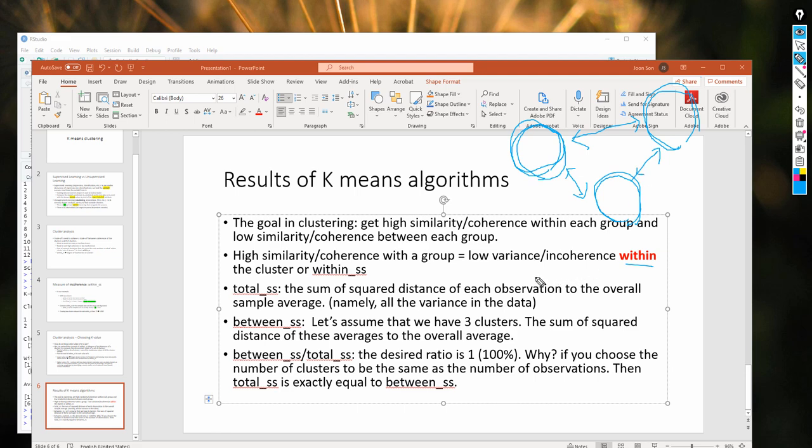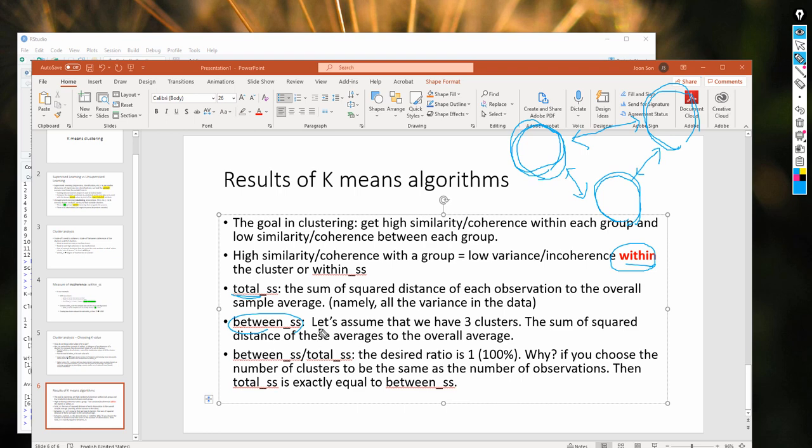So this is within, and this is the total SS, and this between SS, as the name indicates, is between the clusters, right?